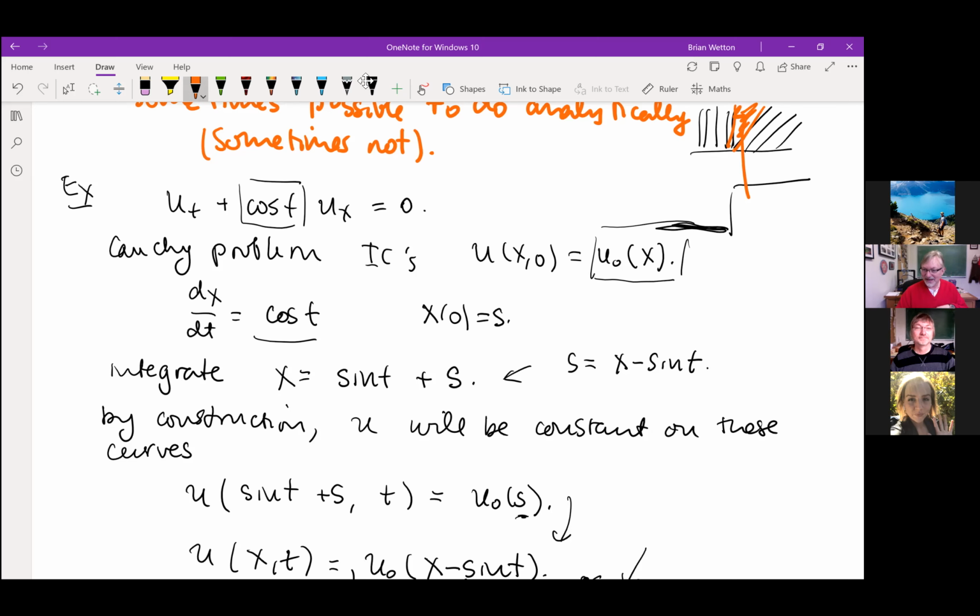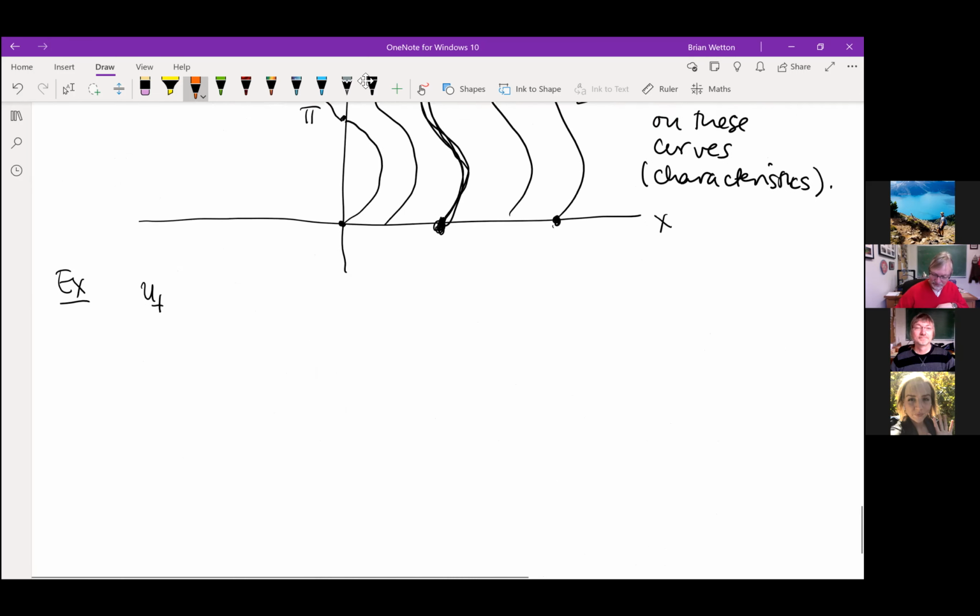C being discontinuous is discontinuous in X. If it's discontinuous in T, as the student asked, I think you're okay. Now I'd have to think about it. Anyway, good question. Did I answer your question?